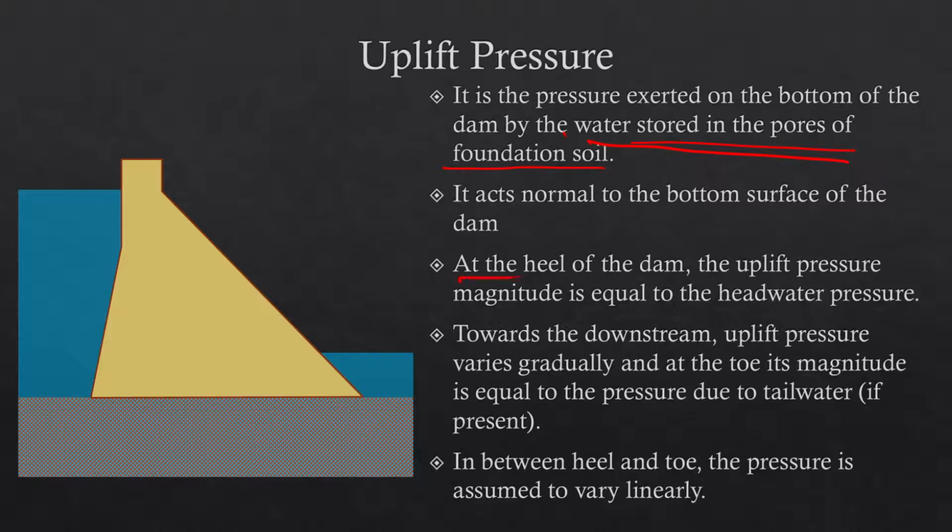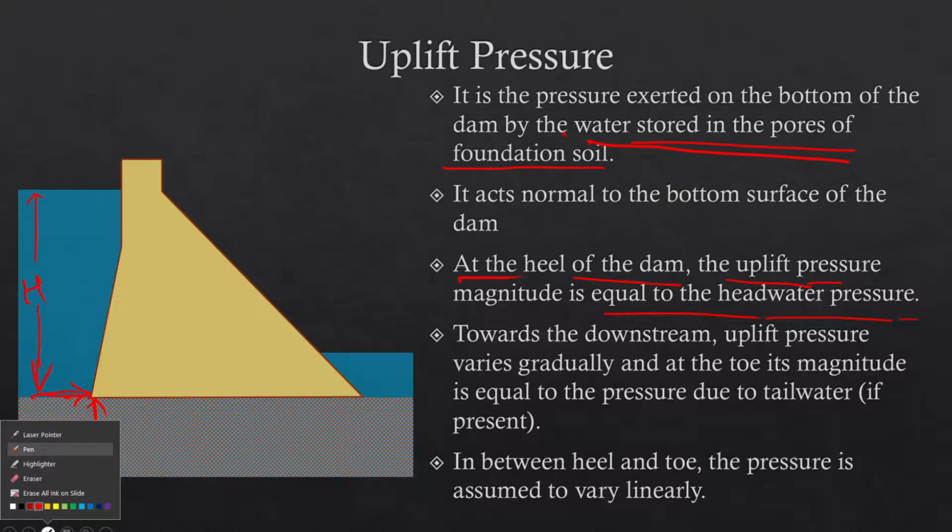At the heel of the dam, the uplift pressure is equal to the headwater pressure. That means right at this point, whatever is the pressure in this direction, because of this entire column of water, this entire height of water, the same amount of pressure will be acting in the upward direction as well.